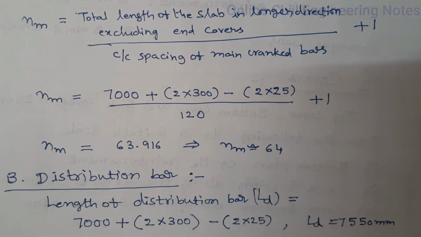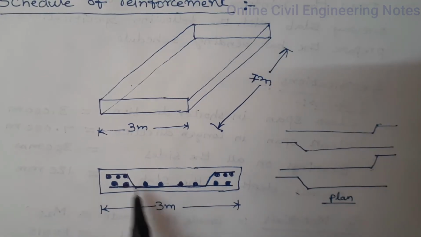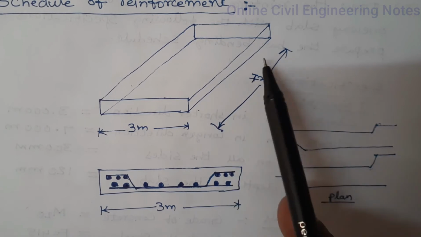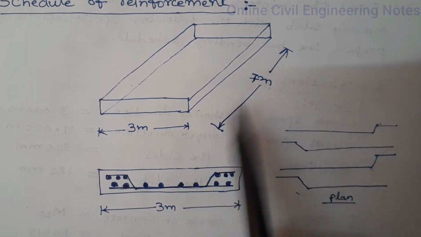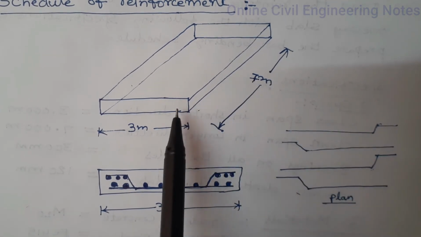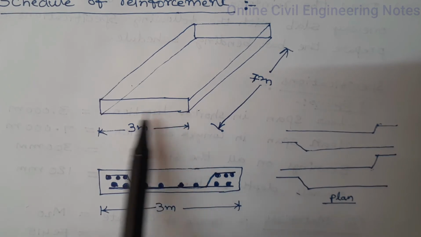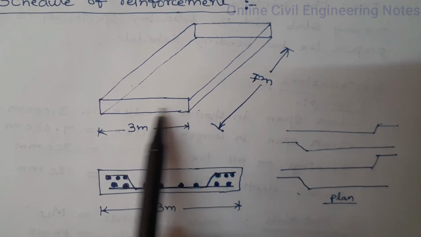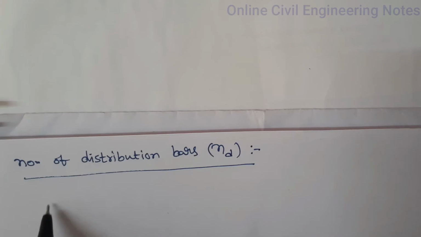See, the distribution bars are provided in the longer span. So the number of distribution bars will be found using the shorter span.